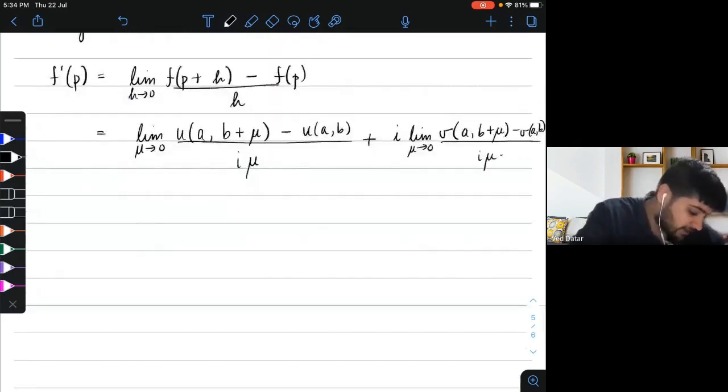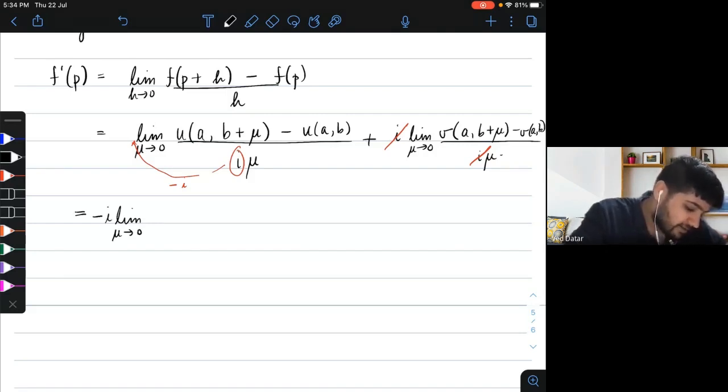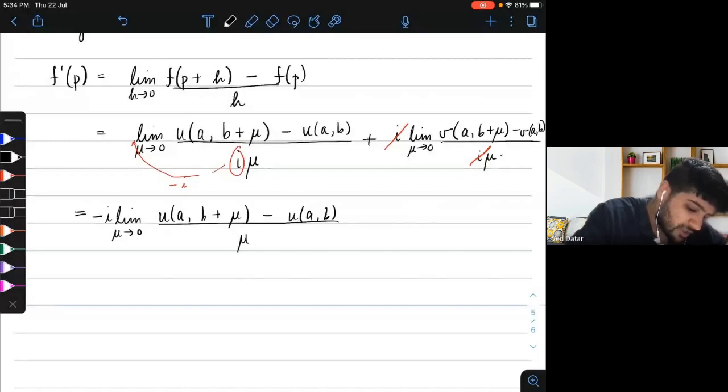Okay, so the I here cancels. And this I, if you take it to the numerator, you will get a minus I, right? So you can rewrite this as the limit as mu goes to 0 of minus I times u of a b plus mu minus u of a b divided by mu, plus the I disappears now, and you get this.